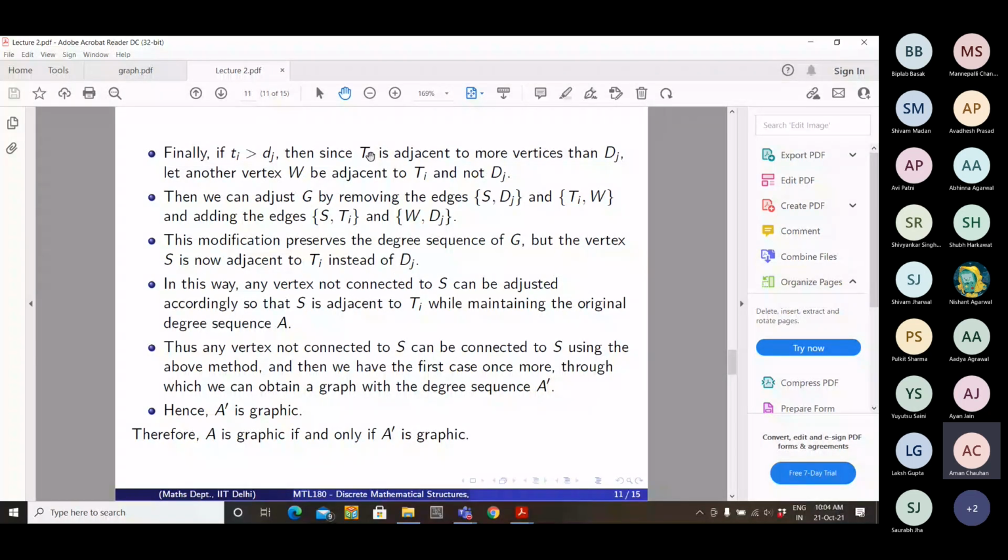Therefore there must be another vertex W which is adjacent to Ti but not adjacent to Dj, right? Because here Ti is strictly greater than Dj.